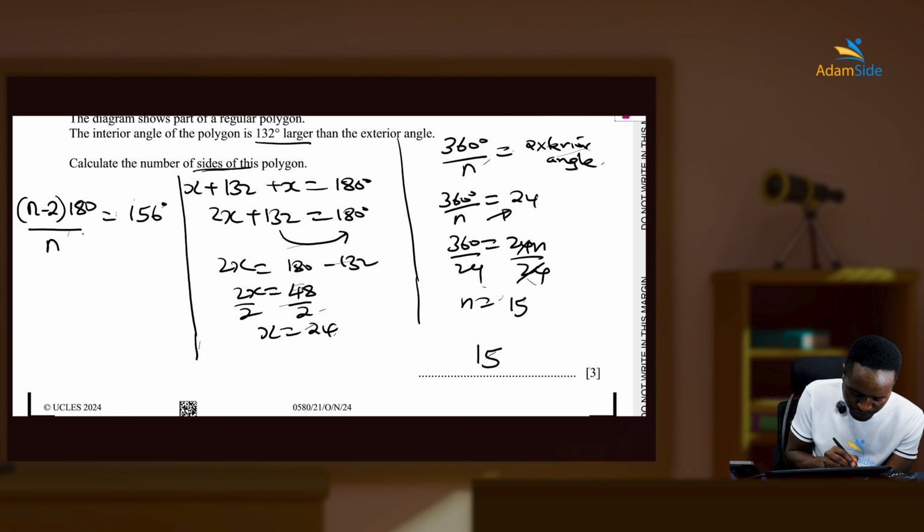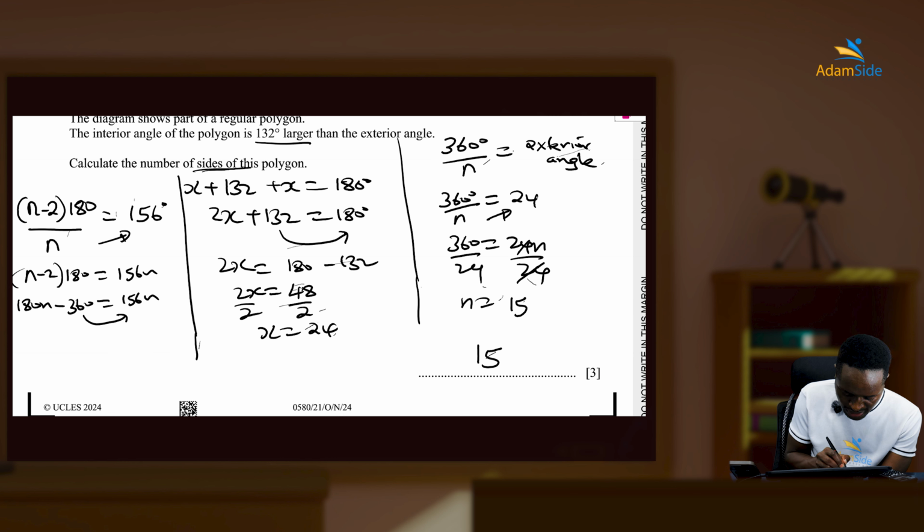We don't know n, so cross multiply: n minus 2 times 180 is equal to 156n. Then multiply everything in the bracket: 180n minus 360 is equal to 156n. Then the 360 goes to the other side, because it's negative, it becomes positive, and 156n goes across too. So 180 minus 156 times n should be equal to 360.